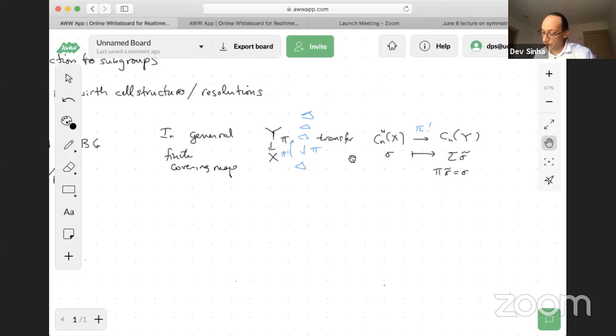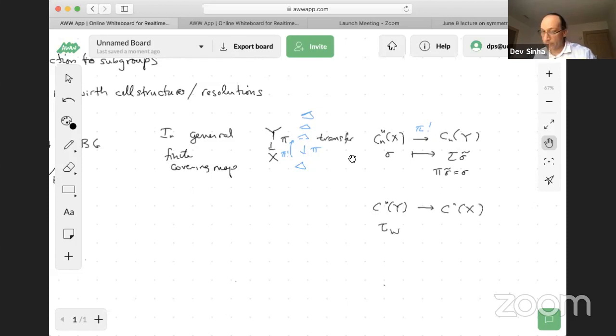Alternately, and we're just mainly going to use this definition, but alternately, I can take n-cochains on Y in the manifold setting and map them to n-cochains on X, extending the following map.